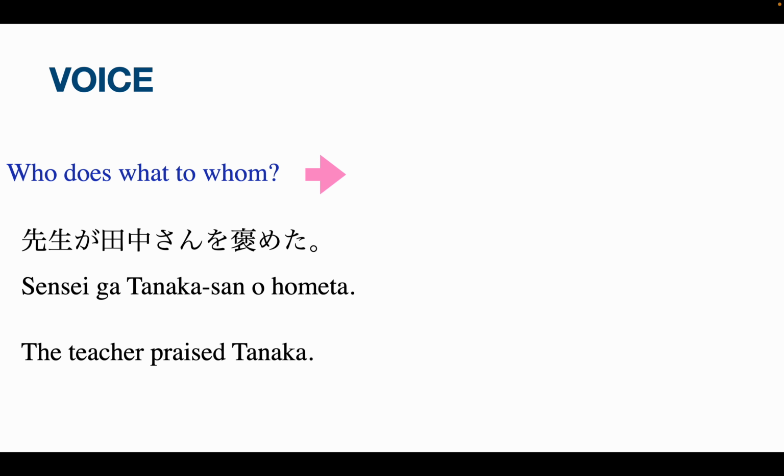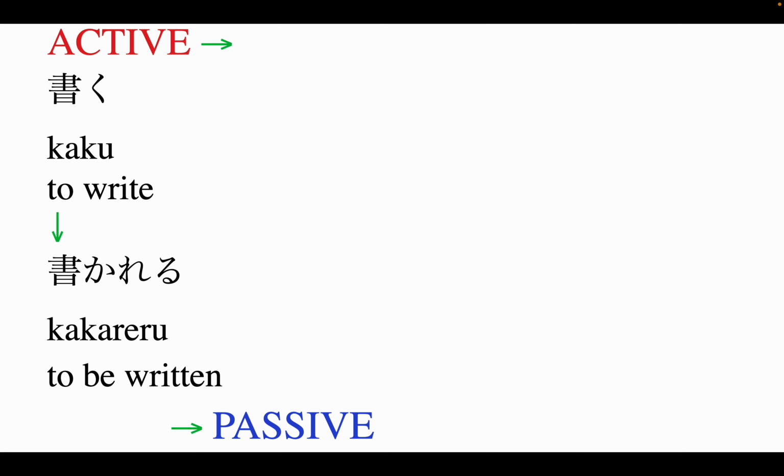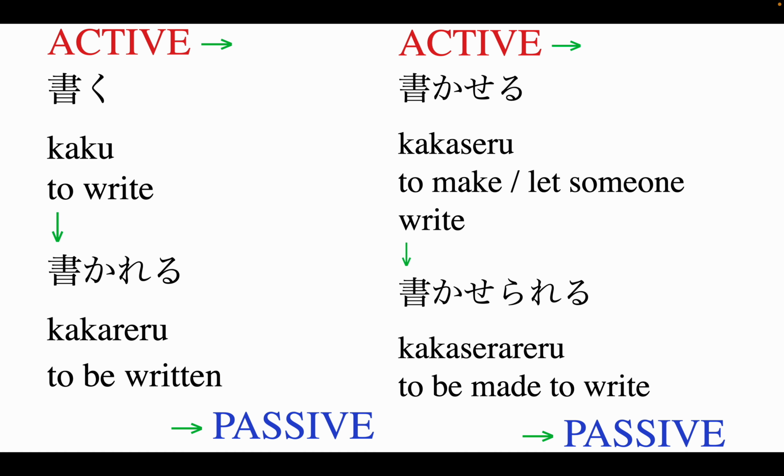Japanese also has the causative and causative passive forms. For example, 書く, to write, and 書かれる, to be written, or depending on the context, to have someone write something affecting you. 書かせる, to make or let someone write. 書かせられる, to be made to write.